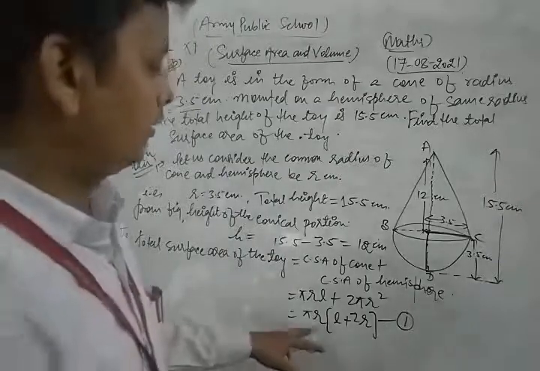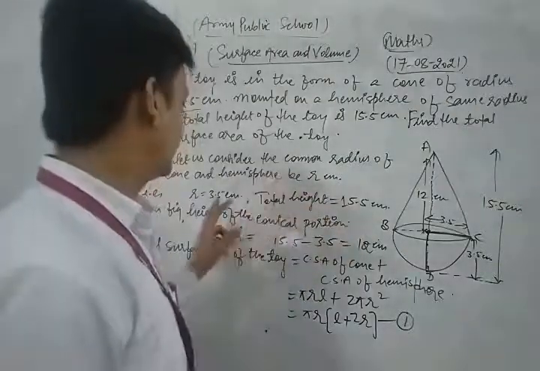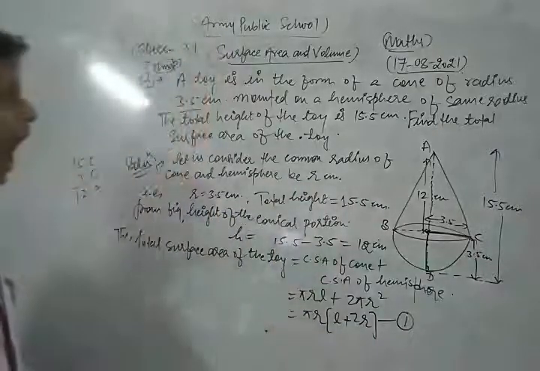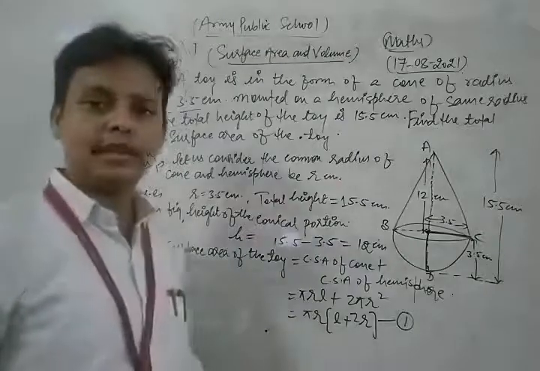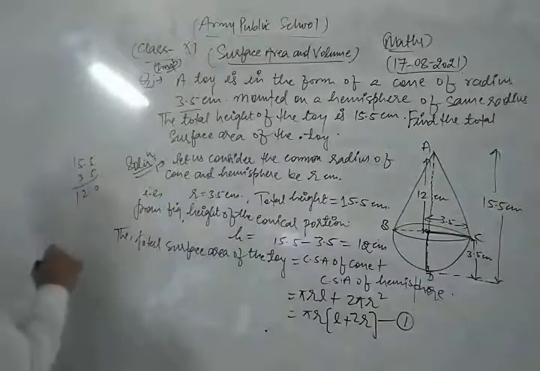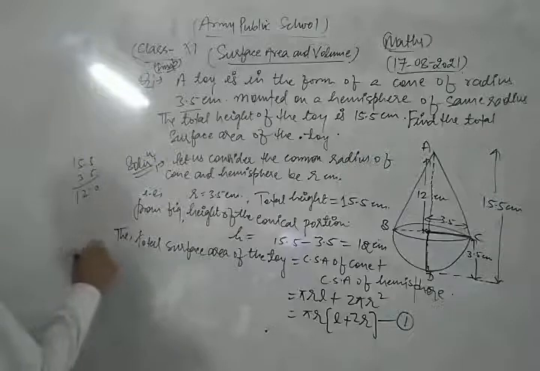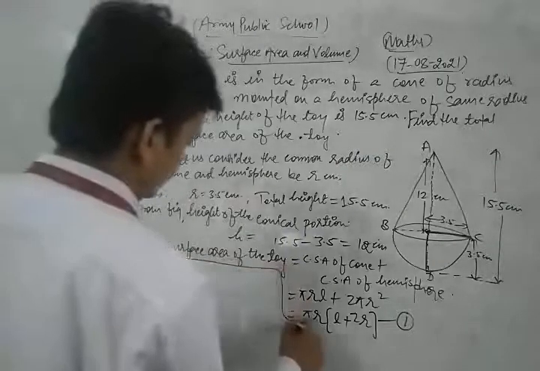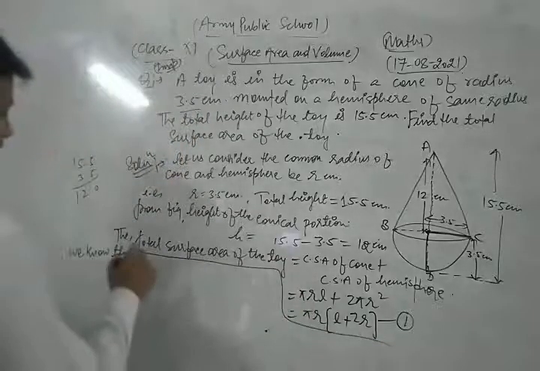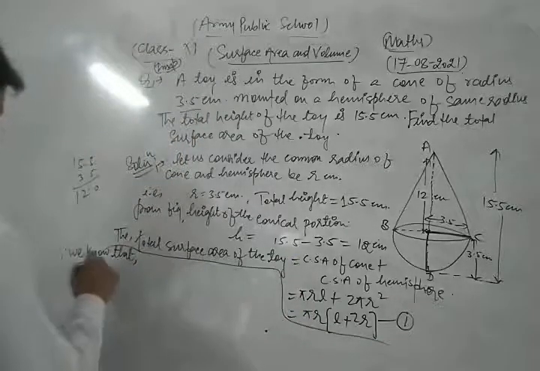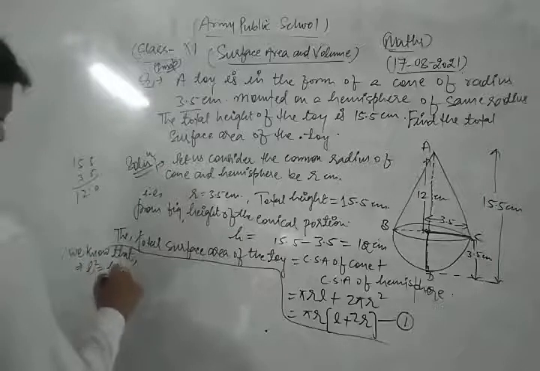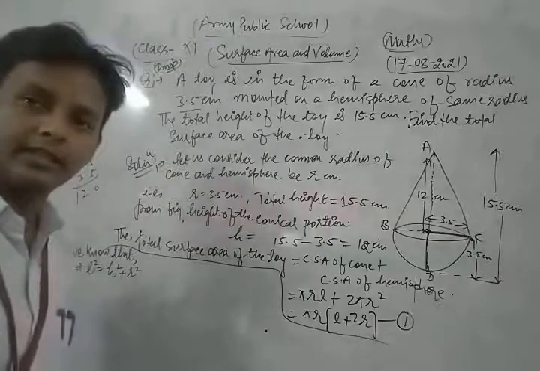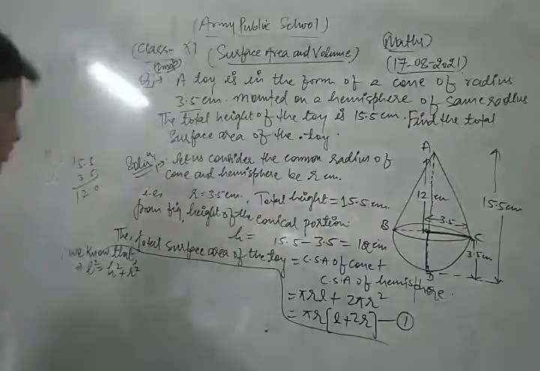So first of all, R is already given as 3.5. So first I find the value of slant height. And you know the relation between them: since we know that L square is equal to H square plus R square. This is the relationship between slant height, height and radius of the cone.